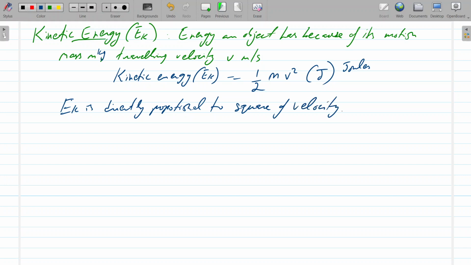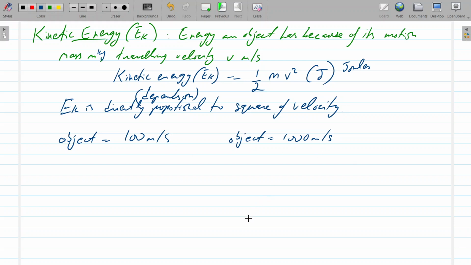You can say directly proportional or depends, that's the term they've used in the book. So what that means is, you've got two objects. Object one is traveling at 100 meters per second, and object two is traveling at 1,000 meters per second.